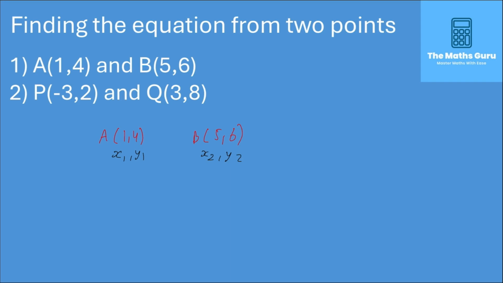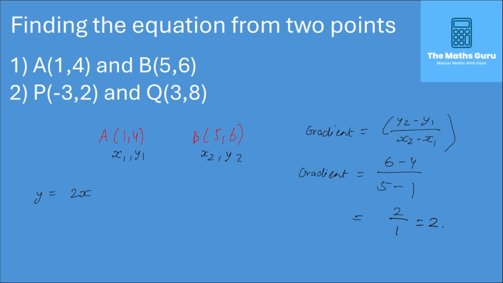So we use our formula for the gradient, which is y2 minus y1 over x2 minus x1. y2 is 6, y1 is 4, x2 is 5, x1 is 1. So our gradient is 2 over 1, which is equal to 2. So now the new formula is y equals 2x plus c.